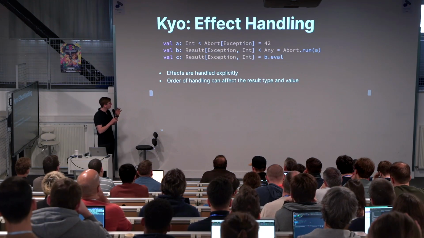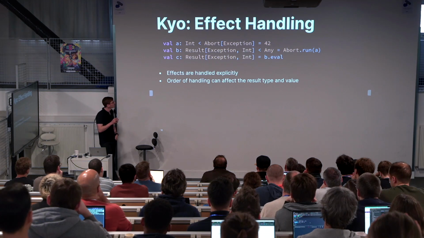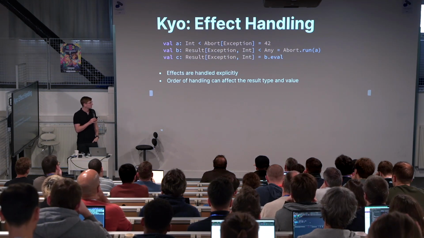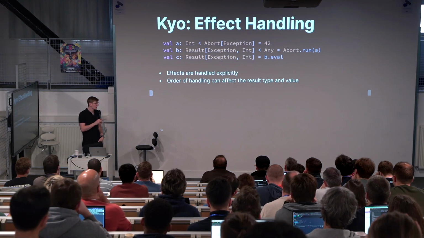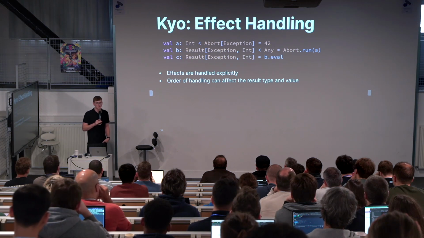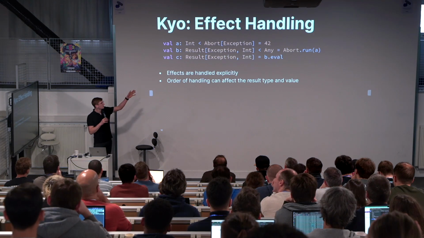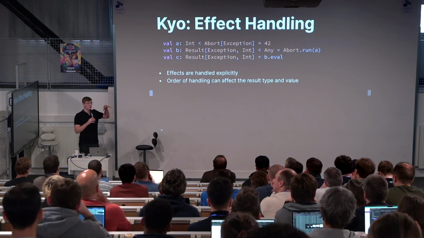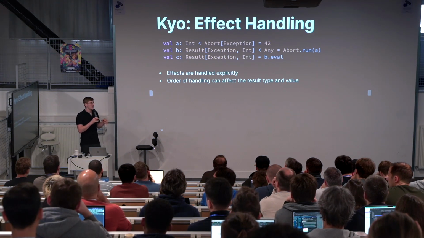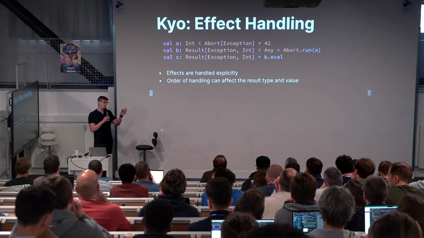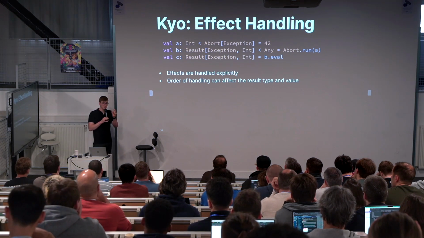So this is something that's not visible in the slide, but important to note. Ordering of handling can actually affect the result type as well as the potential value. And so you can envision the case where I may have multiple aborts with multiple type unions, and if I handle one abort at a time, the resulting type may actually be different.